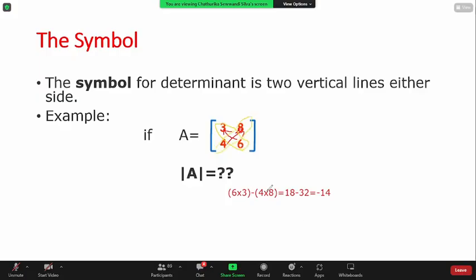Sometimes some students exchange this. That means what they are doing is 32 minus 18, right? 32 minus 18 equals plus 40. So this happens when you change the direction. Therefore, it is important to consider the correct direction. So first, you should go this way and then this way.